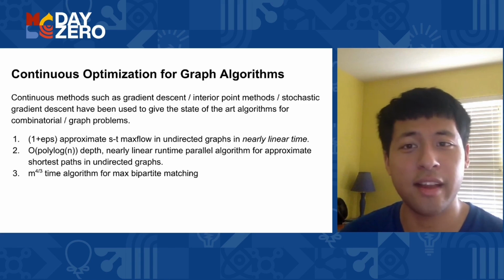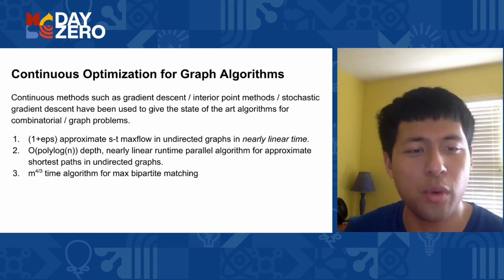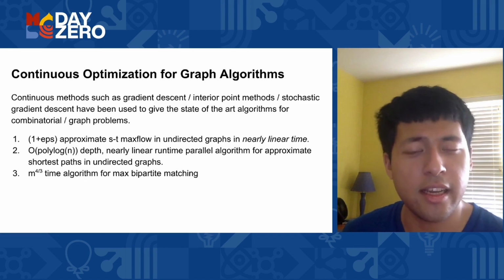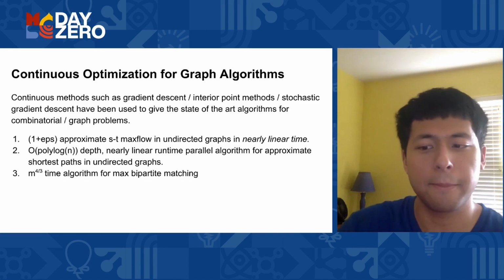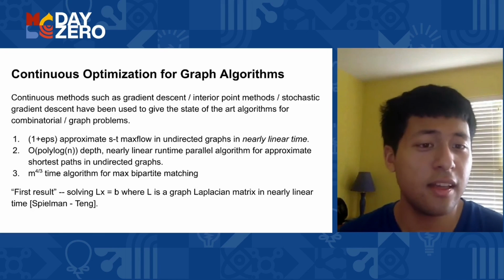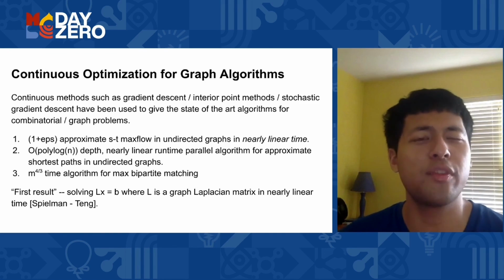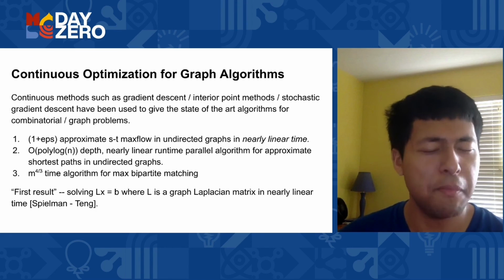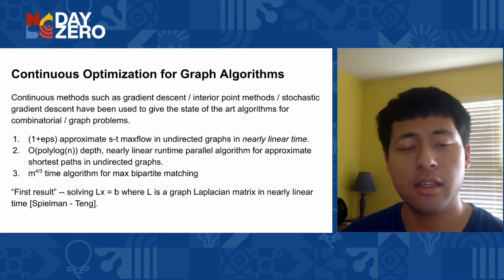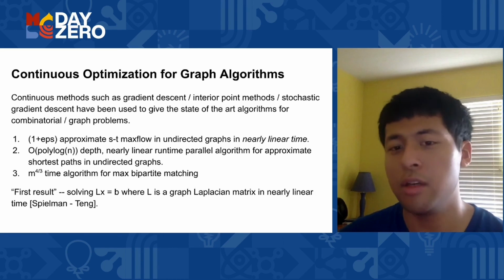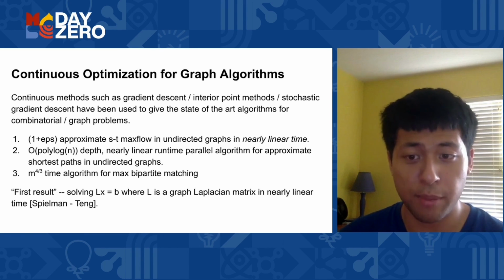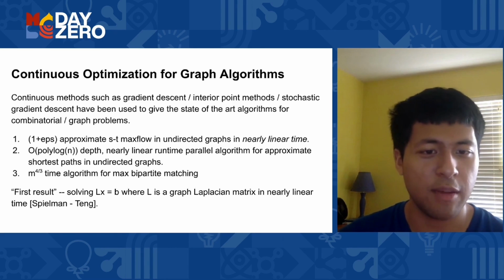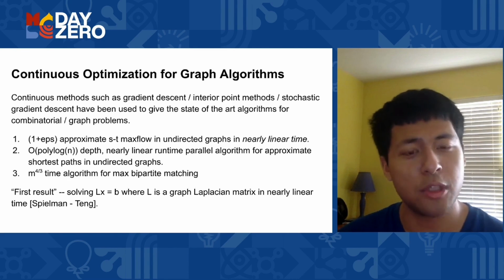This improves over the more classical algorithms of m to the 1.5, known by Tarjan, Dinic, Hopcroft, Karp, etc. And the first result that kicked off this whole field of continuous optimization for graph problems is the result that you can solve this matrix system in a graph Laplacian, Lx equals b, in nearly linear time. So if L is a matrix corresponding to the Laplacian of a graph, you can invert the matrix on a fixed vector in linear time. And this is a very amazing result due to Spielman and Teng.